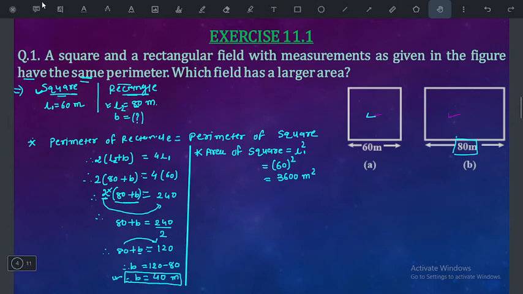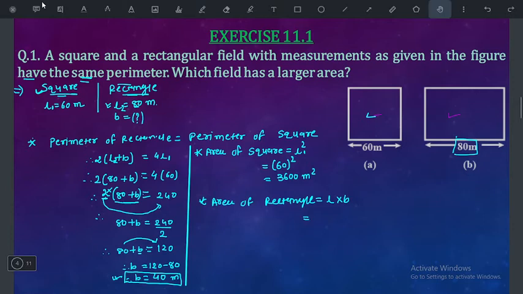Now second, area of rectangle. Area of rectangle, it is L into B. We use L2 here, because of rectangle.